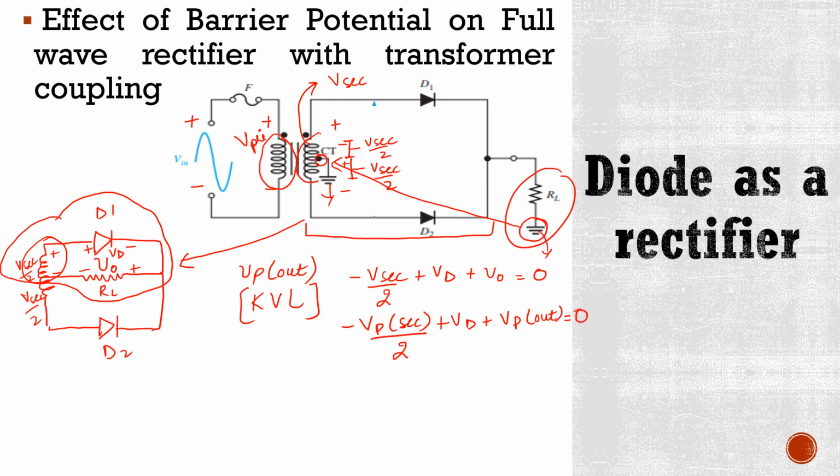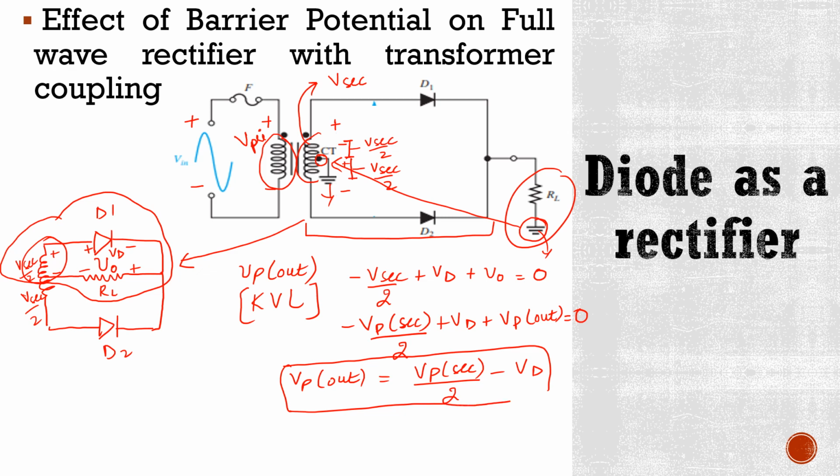Now if we rearrange this equation, we get Vp out is equal to Vp secondary divided by 2 minus Vd. So this is the equation of peak output voltage for a transformer coupled full wave rectifier in case of a practical or real diode.